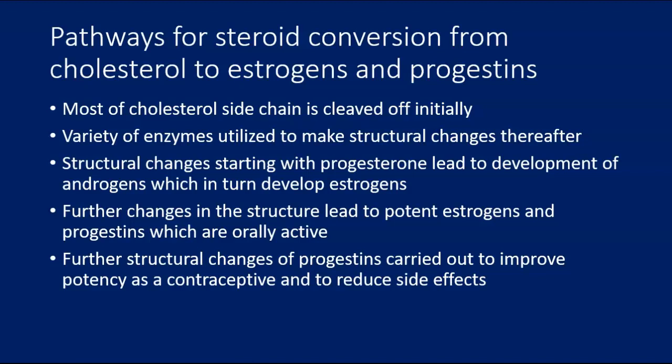Certainly changes in the progestins also will lead to additional potent progestins, although currently there is only one potent estrogen that's utilized in the medications now for contraception. And certainly all of these additional structural changes are in an effort to improve their potency, but also to reduce side effects and serious sequelae.